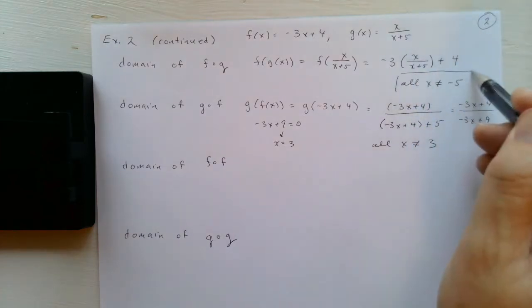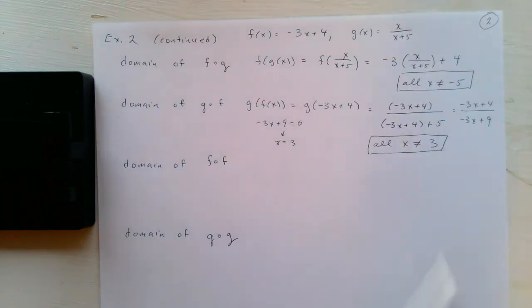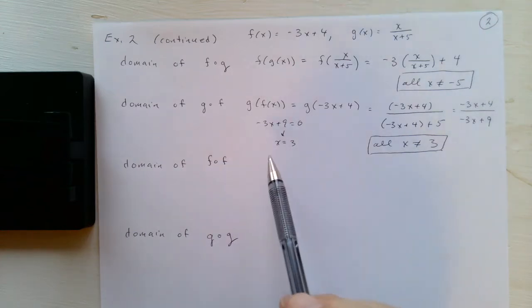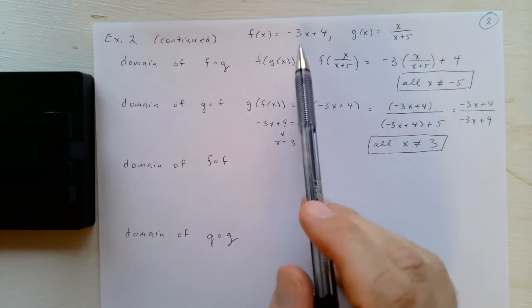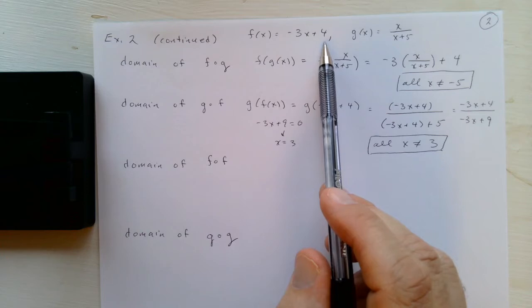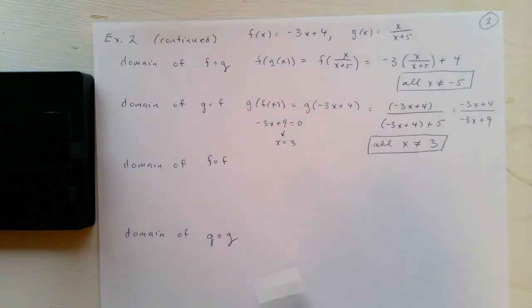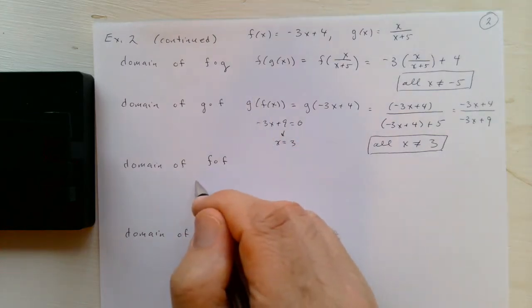So this was the domain of the first composition, and this would be the domain of the second composition. If we compose f with itself, you should be convinced that the domain is going to be all reals, because the domain of f is all reals. When you compose two things that are defined everywhere, the composition will be defined everywhere. But we can again check.